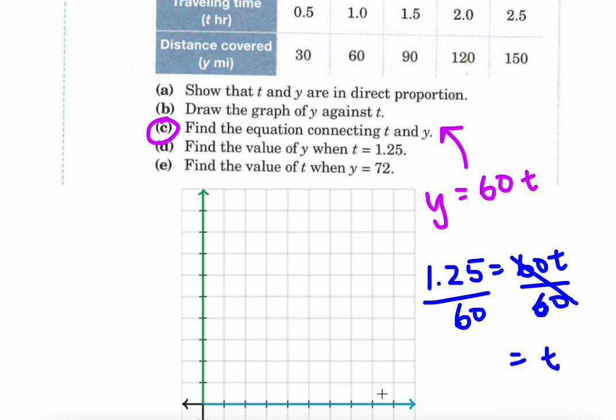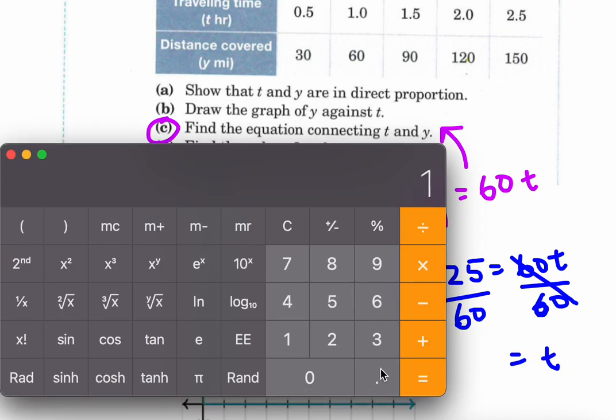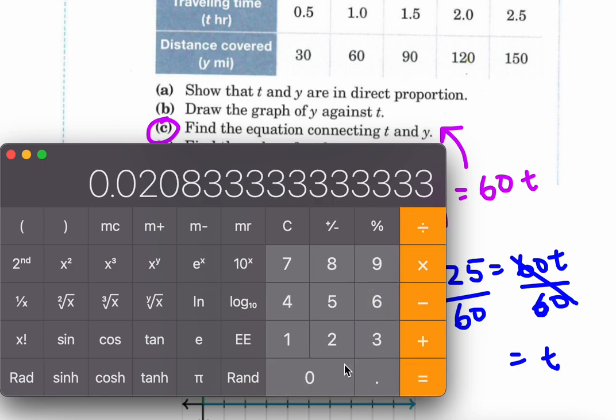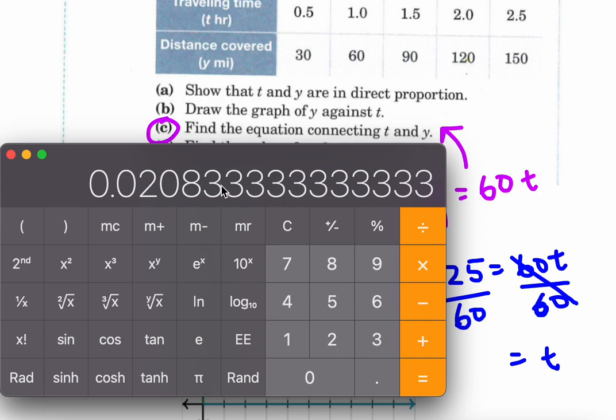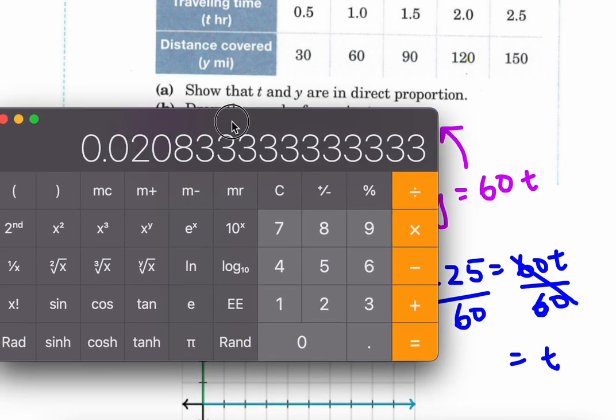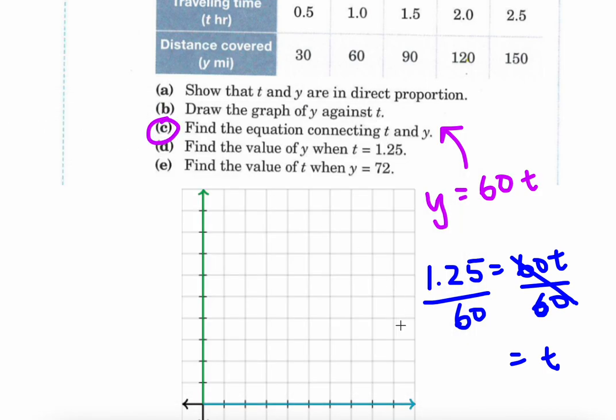So then t would equal whatever 1.25 divided by 60 would be. 1.25 divided by 60 is 0.02.